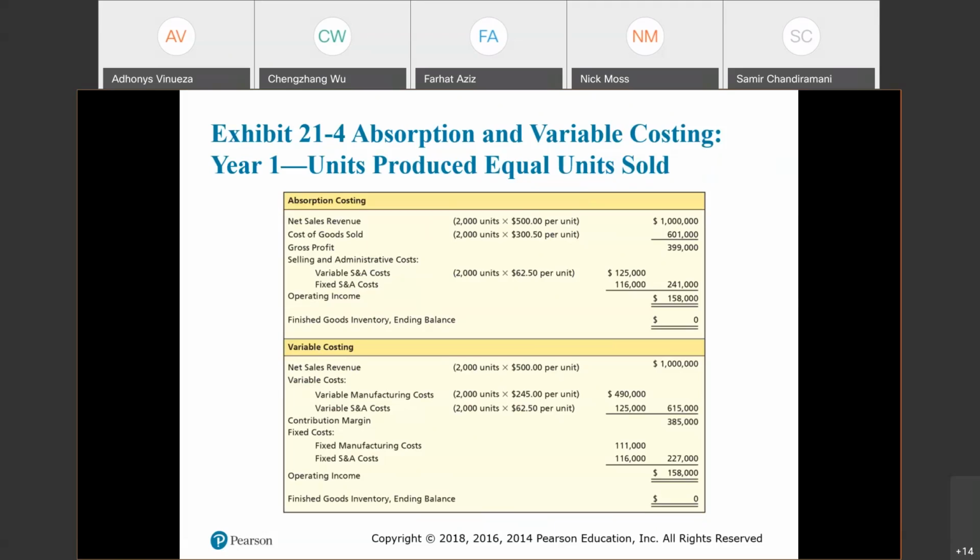Well, in this scenario, the units produced equal units sold. It should be the same amount as the operating income calculated in variable costing.